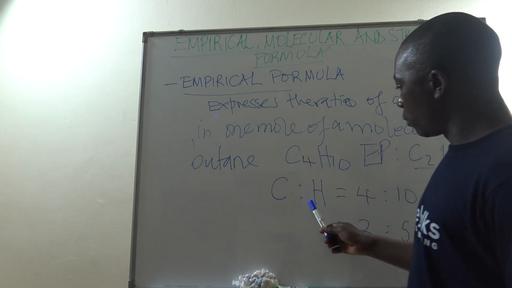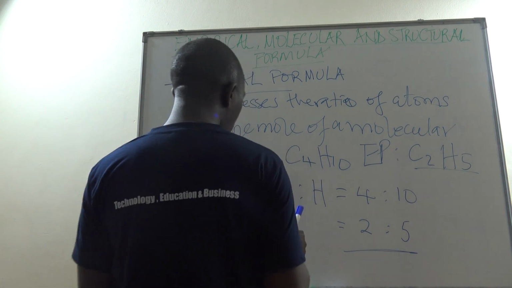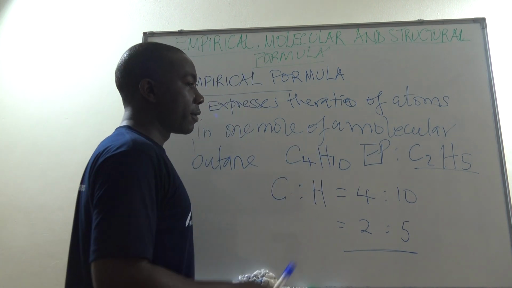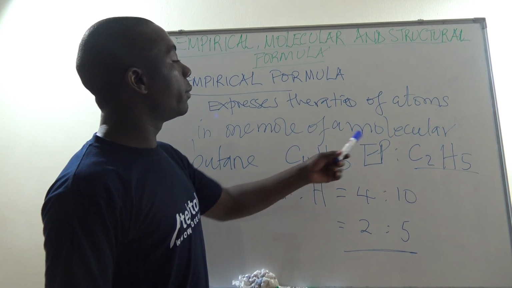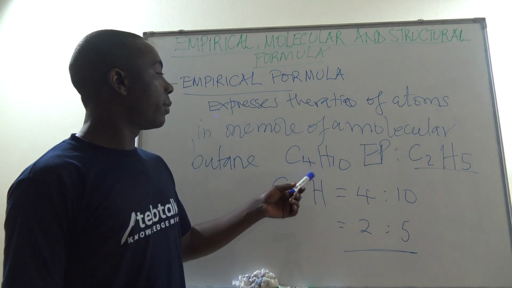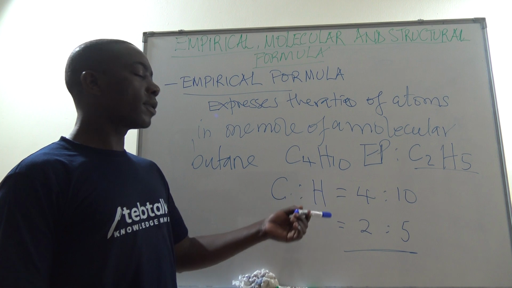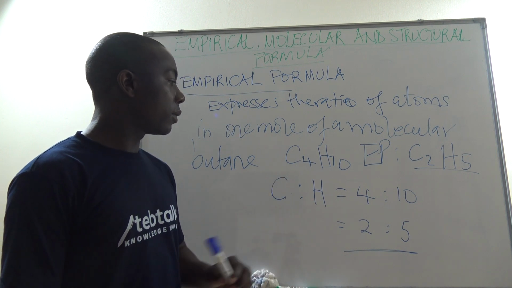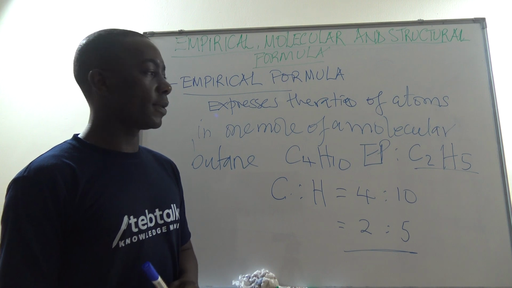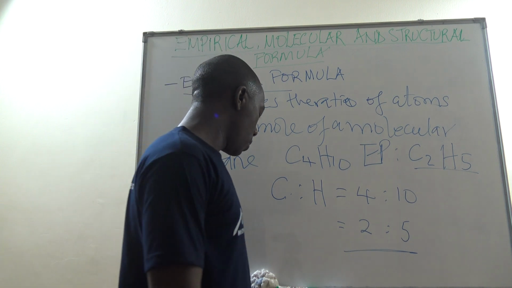However, atoms could be more than 2, because here I'm only looking at carbon and hydrogen, or a hydrocarbon. But some compounds could have so many other atoms. It could be carbon, hydrogen, and sulfur, or oxygen, or nitrogen, or whatever. But we're looking at the ratio of all of these atoms. That is empirical formula.